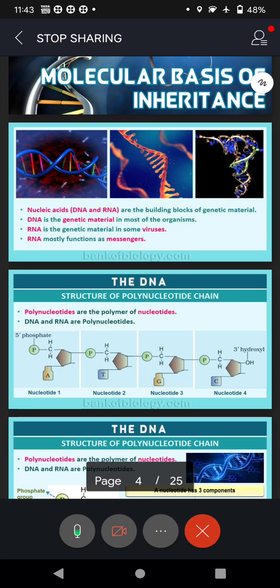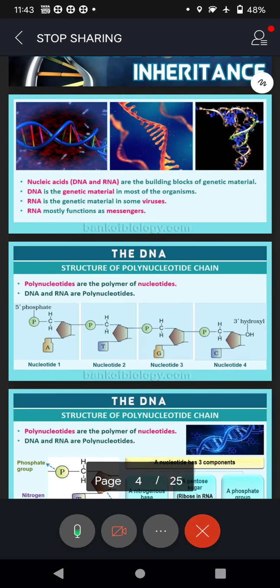Why are we saying deoxyribose and ribose in DNA and RNA? As I told you, one atom of oxygen is less in DNA. It is removed. So only we are using the word deoxy. D means minus, minus of oxygen. Hence, in ribose, what is ribose? You may recollect, ribose is a sugar, like glucose is a sugar, fructose is a sugar, lactose is a sugar, maltose is a sugar.